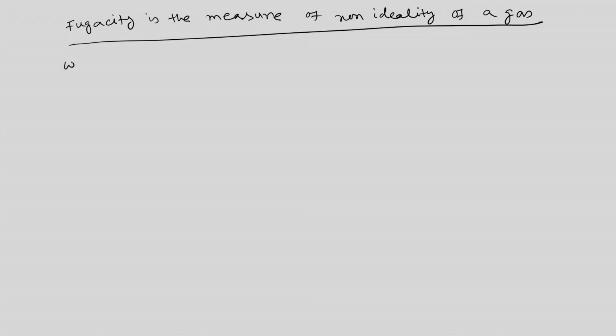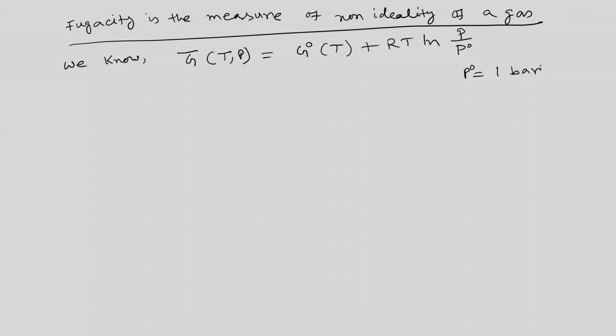So we know the molar Gibbs free energy at constant temperature and pressure, we can write it with P0, where P0 is one atmosphere or 1 bar, whatever you consider. Okay, 1 bar. How did we obtain this equation?